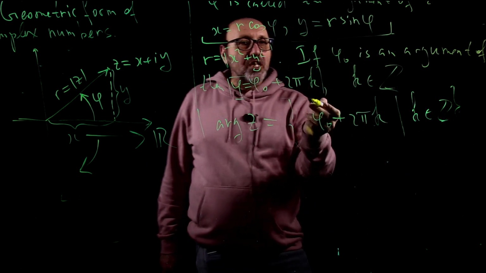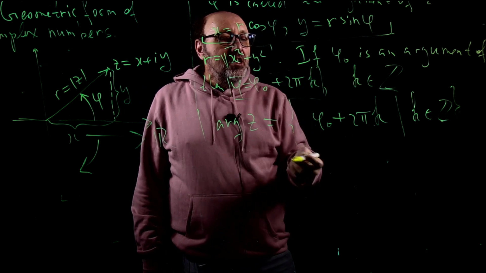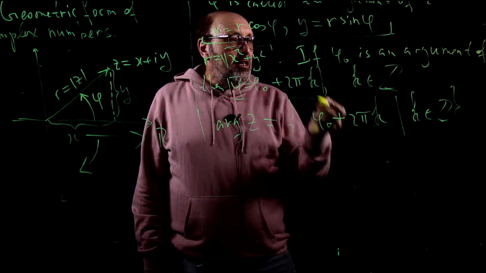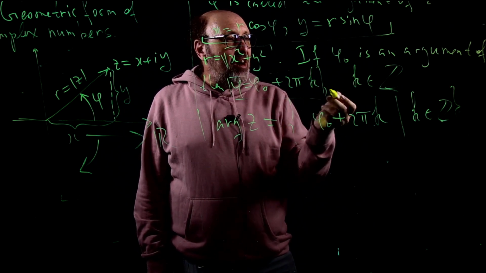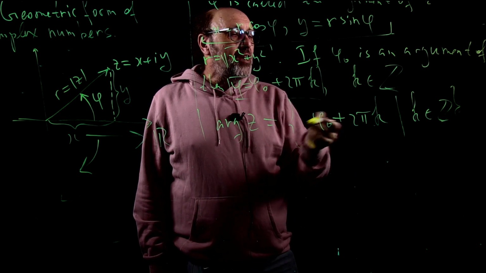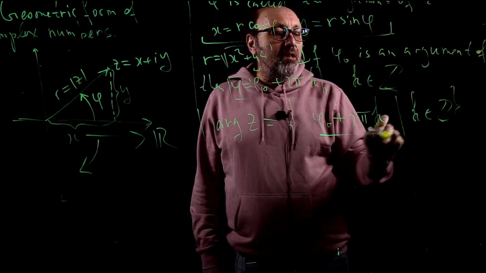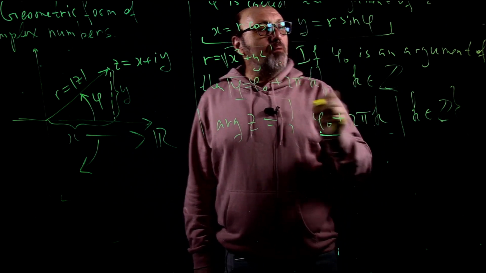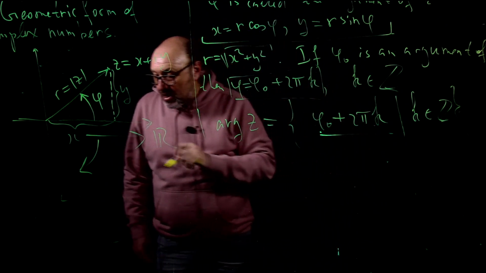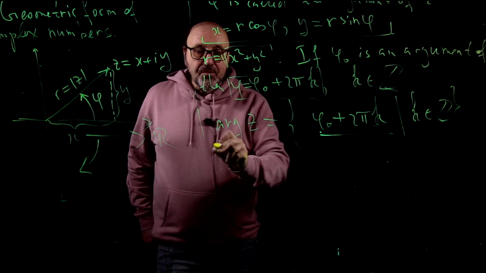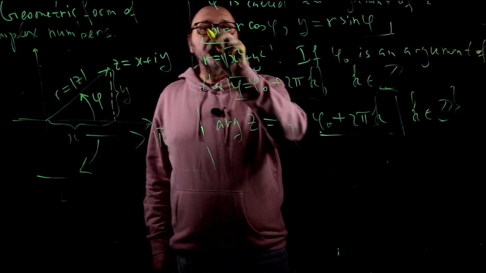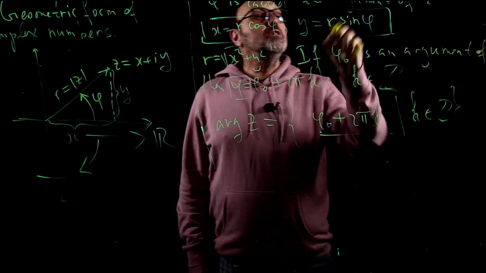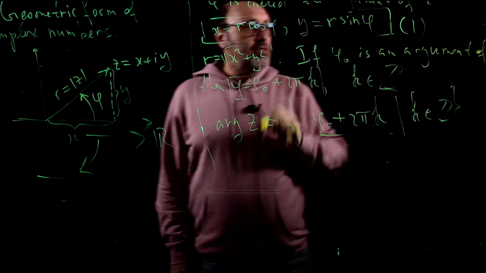So this is the set of all arguments of z. So argument of z is not a single number. This is an infinite set of numbers which are obtained by this formula. If you know one value of argument, all other values are obtained by this formula, right? So using this, let me denote this by number 1.